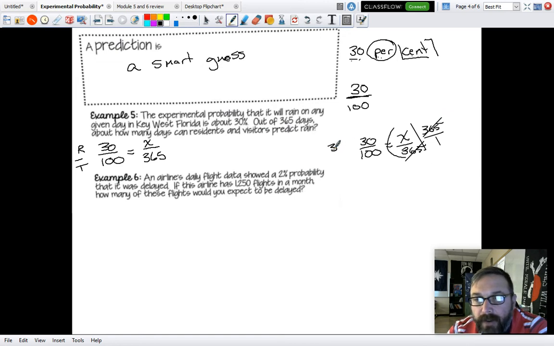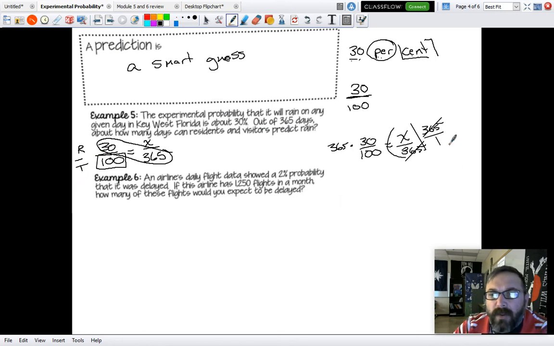And so now I just have 365 times 30 divided by 100. This kind of reminds me of something we taught you. We taught you cross multiply and divide to kind of make it easier to remember, but that's what's going on here. We're multiplying both sides by the 365, and then we're just moving the math. That way, X stands by itself. It's isolated.